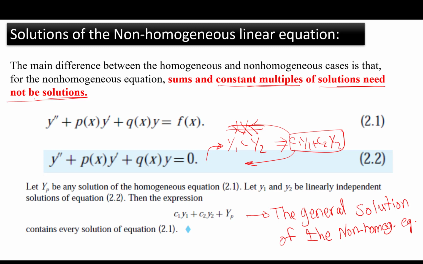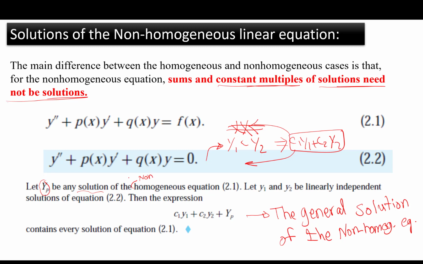There is some derivation, but I skipped it here, because we want to go directly to understanding the strategy. First of all, we need to find something called yp, which is the particular solution. Let's assume it to be any solution of the non-homogeneous equation. Sorry, I said homogeneous here by mistake.